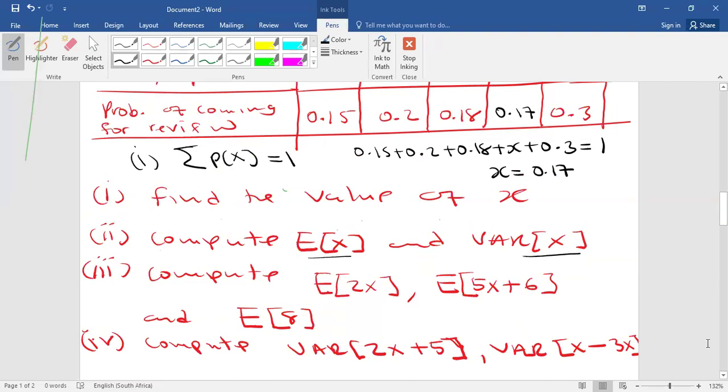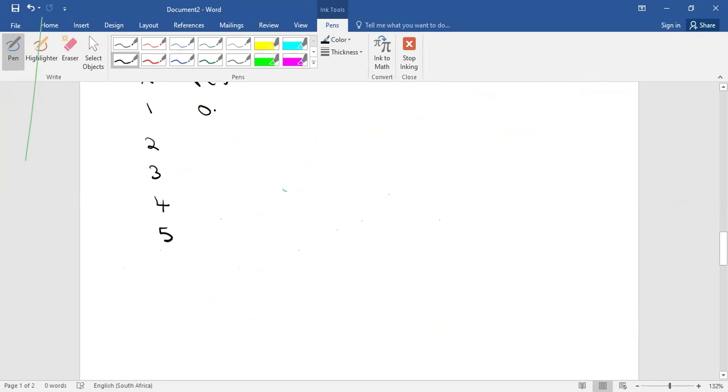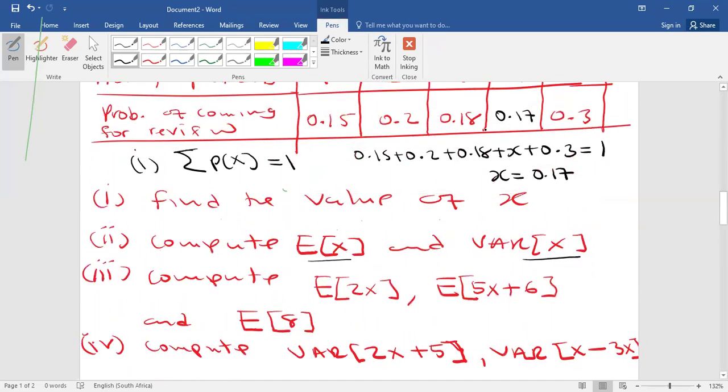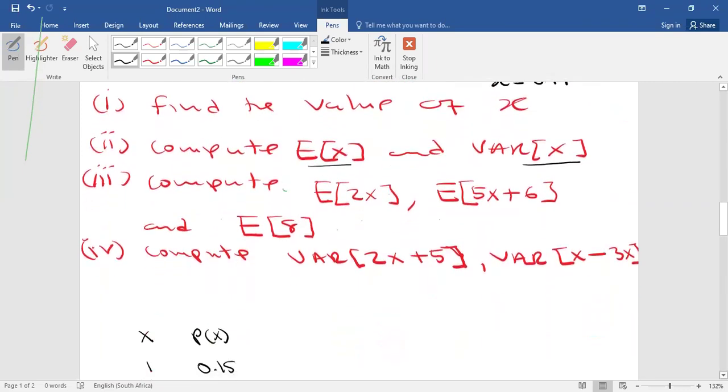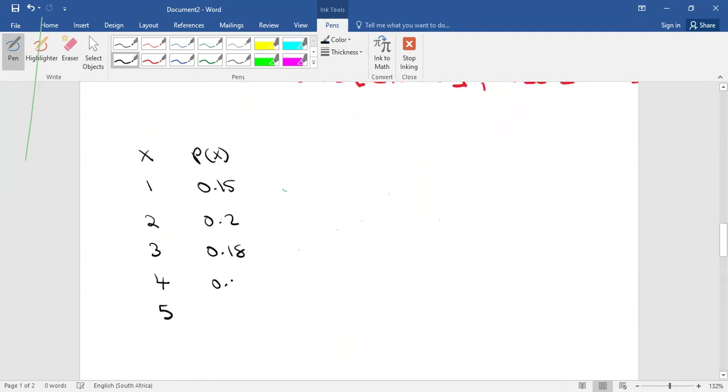So we have 0.15, 0.2, 0.18, their corresponding probabilities, then 0.17 and 0.3.